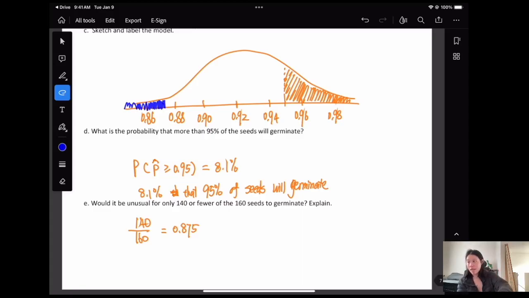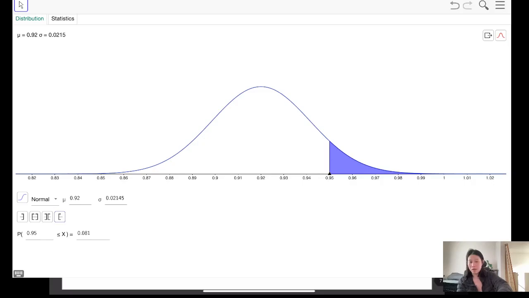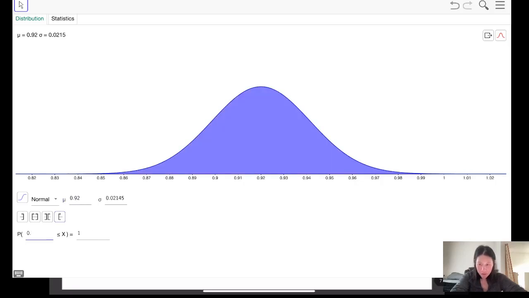This is our estimate. Now let's take a look. For 140 seeds, we have the same model. Approximately 87.5% of seeds will germinate, and we want it to be less than that.